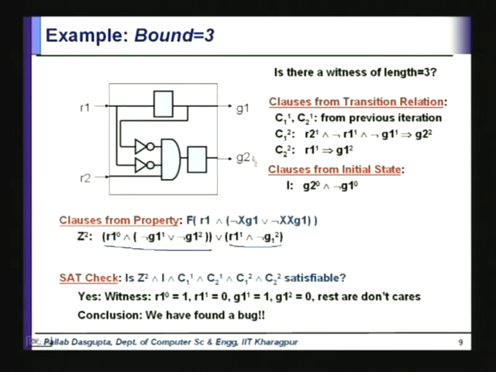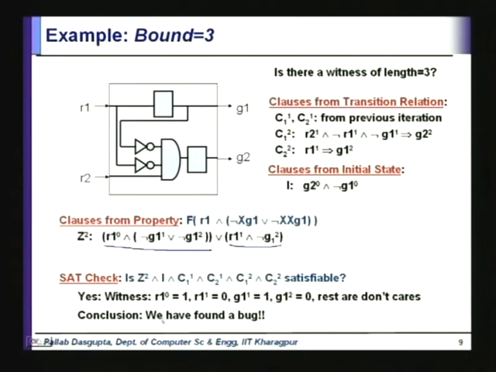Then we again ask, is Z2 and I and C11 and C12 and C21 and C22 satisfiable, and now the answer is yes, and the witness is that R1 0 is 1, R1 1 is 0 and G1 1 is 1 and G1 2 is 0, right, and the rest are do not cares.